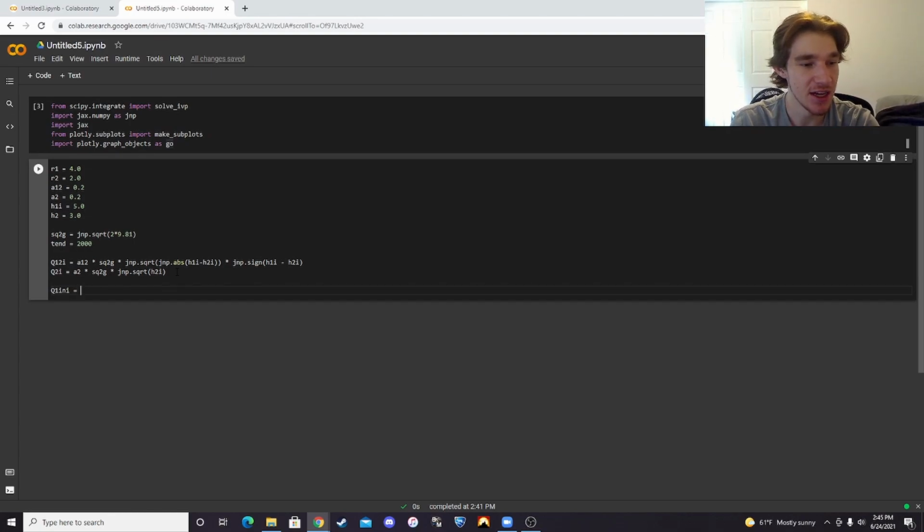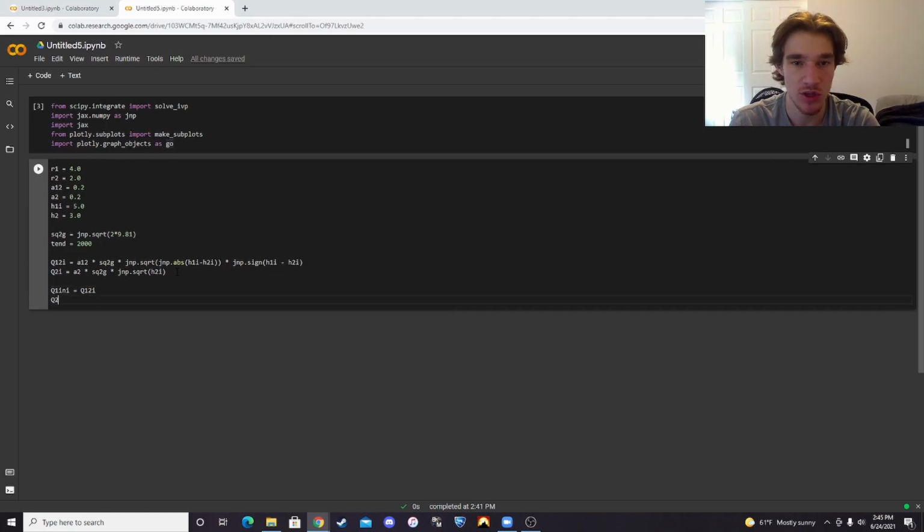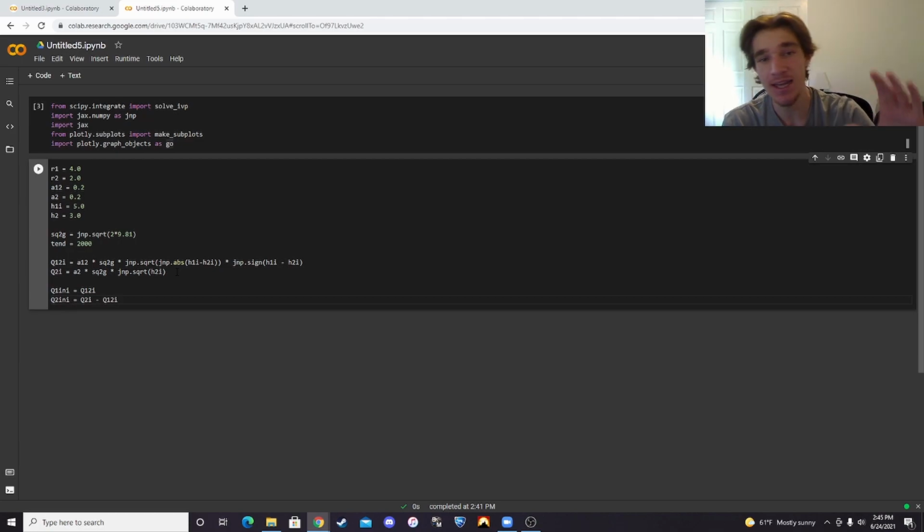That's going to be equal to Q12 initial. And then for Q2 in initial, which is the flow coming into tank 2 from the top, is going to be equal to Q2 initial minus Q12 initial, because the inflow has to be equal to the outflow for a steady state.